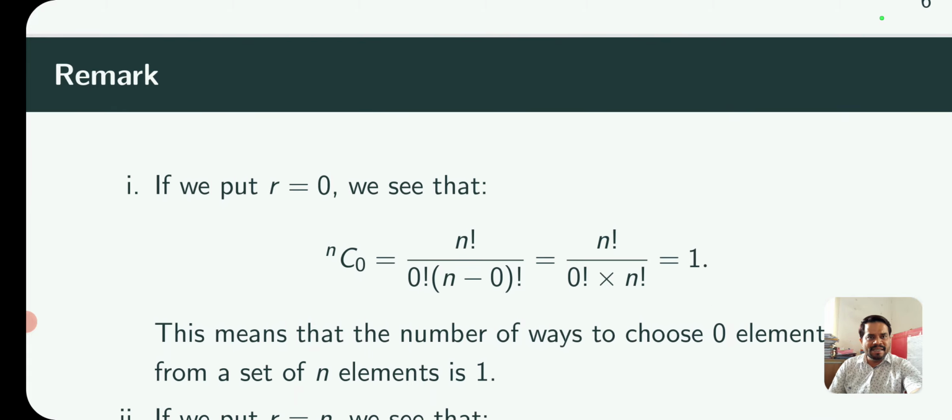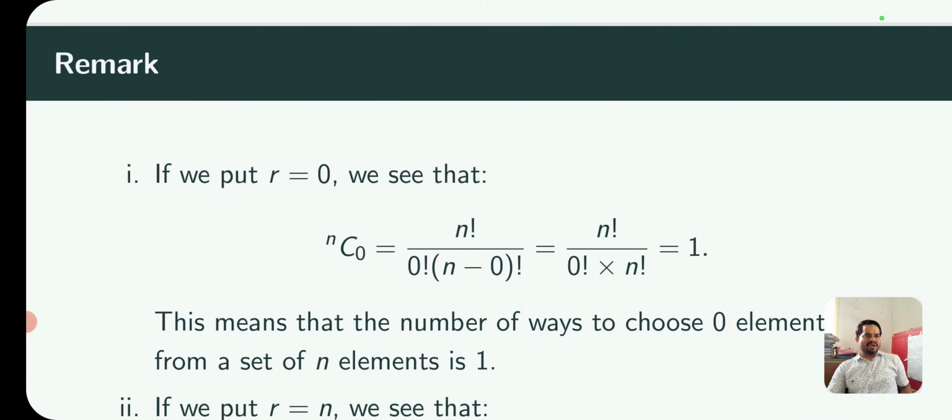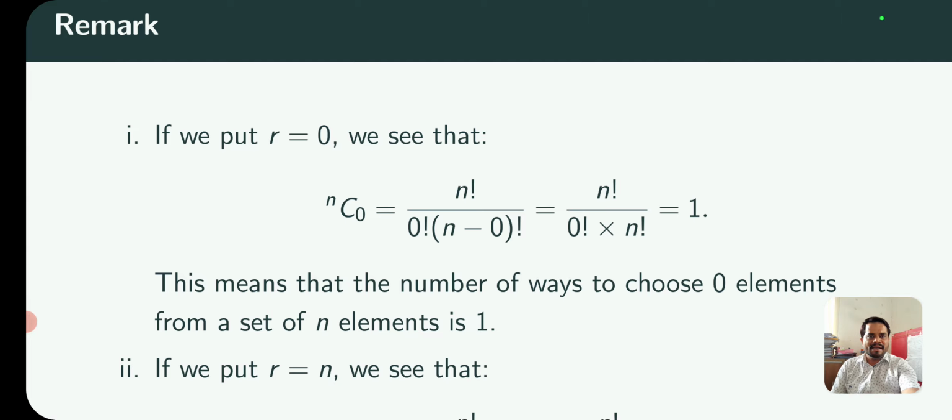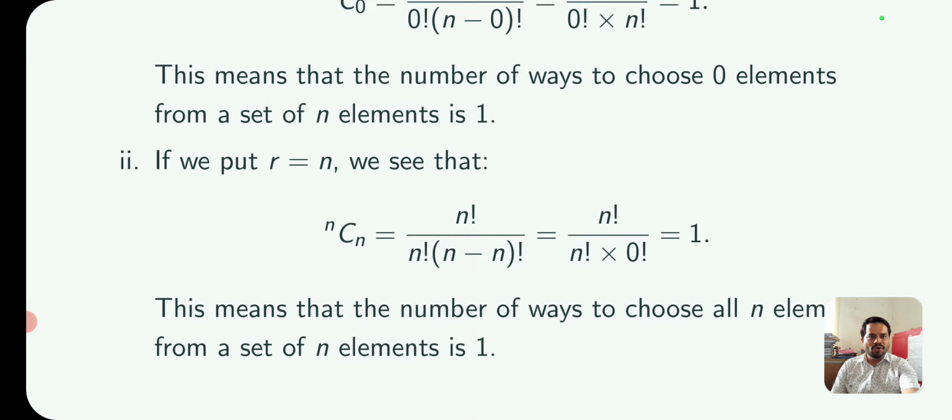See here the remarks on the same result. If you put r is equal to 0, what happens? The combination of n elements when 0 elements are selected, nC0, is equal to 1. The second remark: if you put r is equal to n, then we have to select n elements from n elements, and that's why nCn is equal to 1.